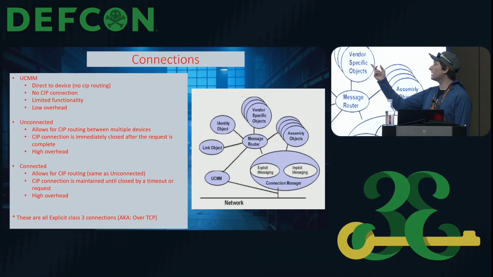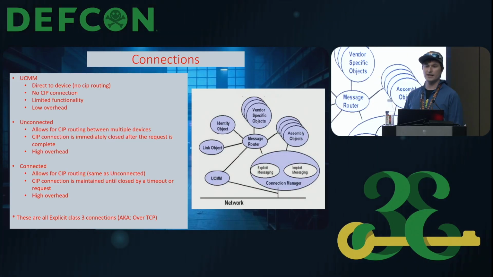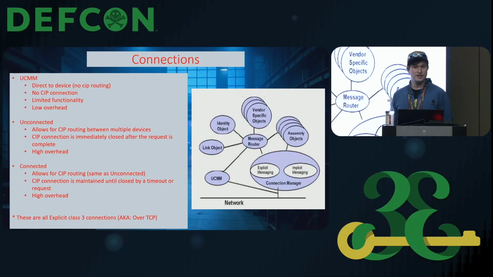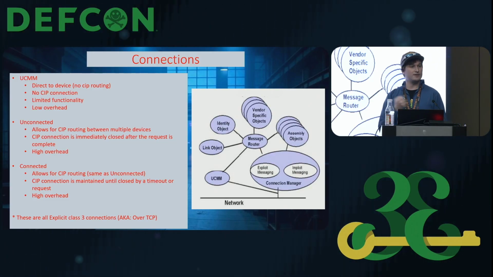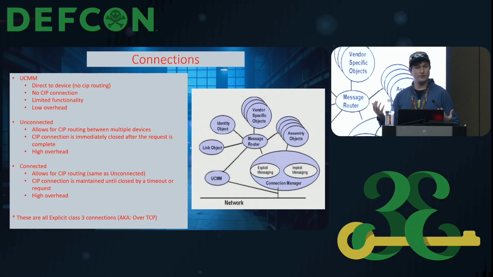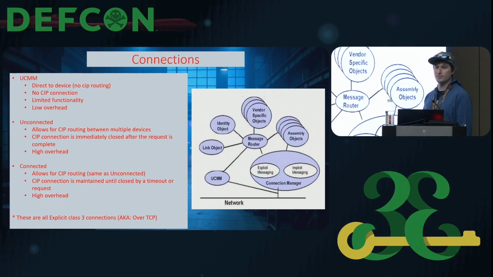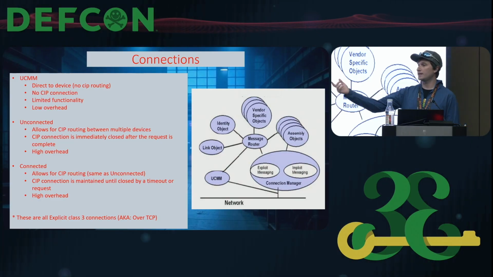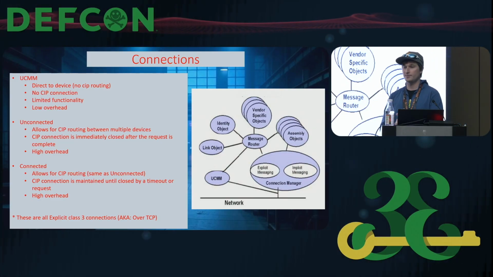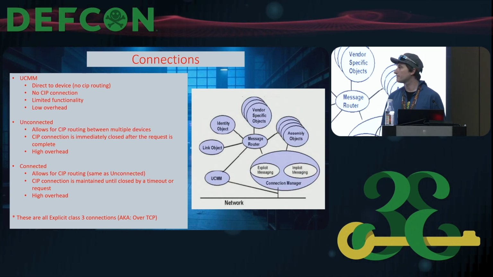So UCMM is kind of similar to saying, hey, I don't need a session. It's kind of like you're sending out a UDP request and getting it back. That would be the equivalent in networking terms. Now, this is over TCP, but I'm creating a CIP request without a CIP session. And I'm saying, hey, do this thing, send me the data back. There's no CIP routing involved. There's no other CIP networking mechanisms involved. It's the most simple type of request.